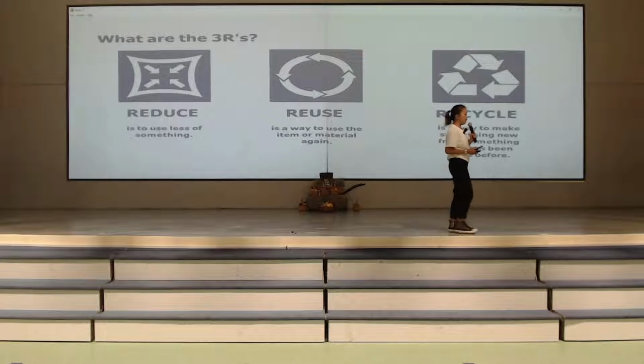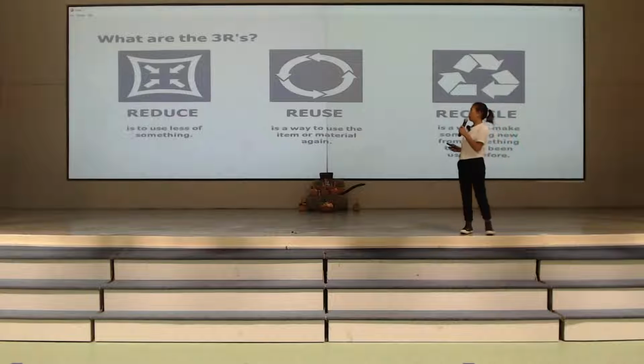Just like what we mentioned earlier, there are 3 R's. The first one is to reduce. What is the use of reduce? How do we do it?